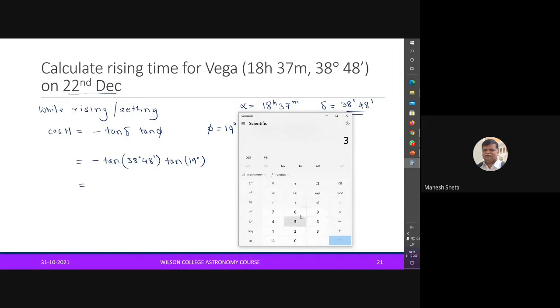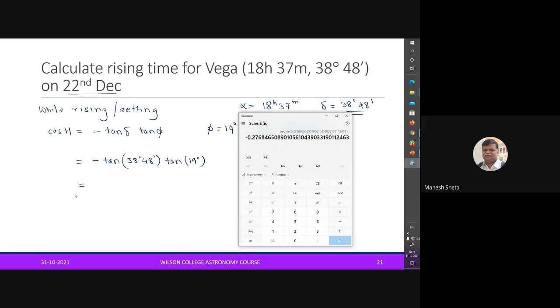I have 38.48 converted to degrees, I mean full degrees. I calculate tan of this, I multiply with tan of 19, I press equal to. So I get this product. I change the sign, so I get minus tan delta tan phi. And this is my value.